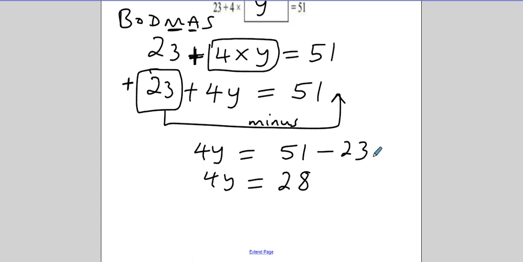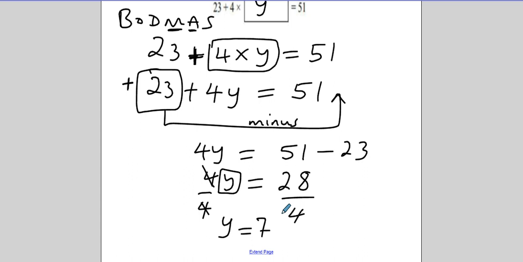You can check that using a calculator, but I hope everything is fine. So I'm looking for how much y is. I have to divide by 4. That will be y equals 28 divided by 4 is 7.